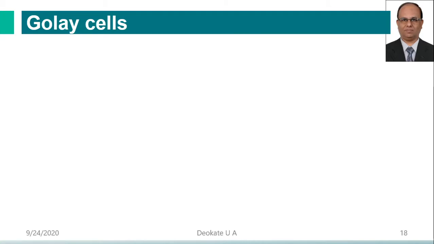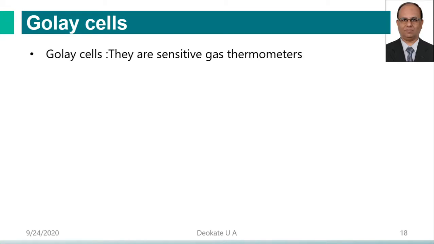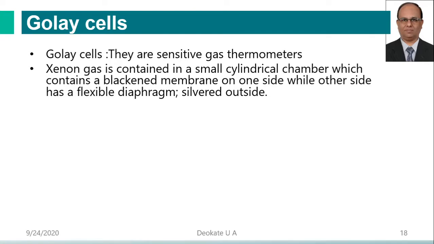The next one is the Golay cell. Golay cells are sensitive gas thermometers. Xenon gas is contained in a small cylindrical chamber which has a blackened membrane on one side, while the other side has a flexible diaphragm coated with silver outside.